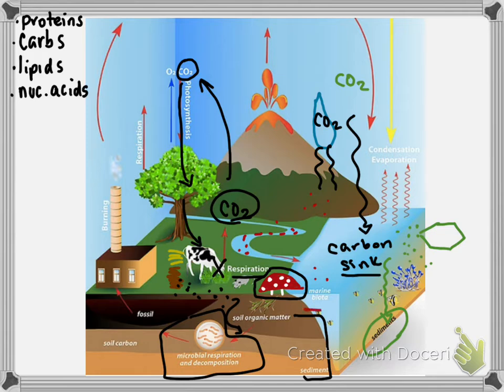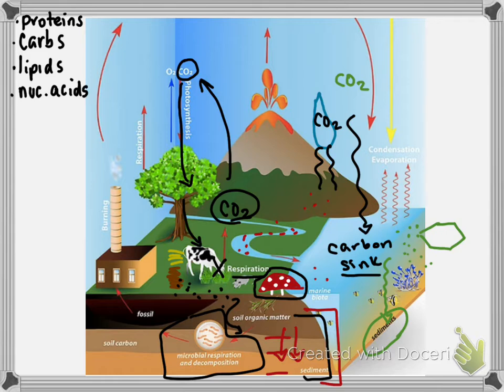Now, when dealing with this layer of sediments, heat and pressure can actually compress any type of mud, and the carbon over millions of years forms these sedimentary rocks like shale.